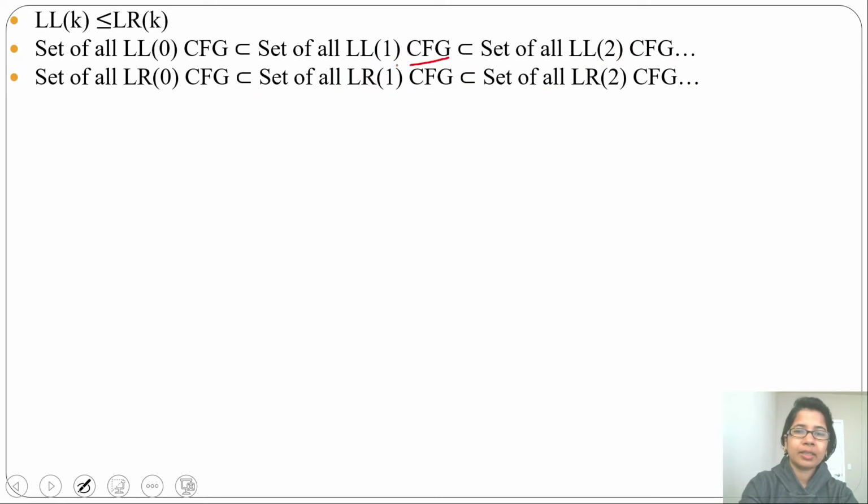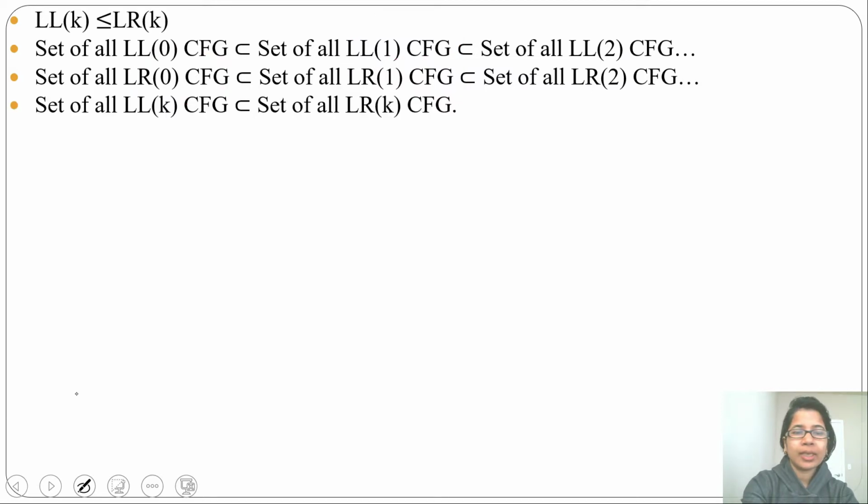I already discussed LL1 grammar, LR0 grammar and LR1 grammar. We can say set of all LLK context free grammar is a subset of set of all LRK context free grammar. This K may be 0, 1, 2, 3, any number. We discussed LL1.